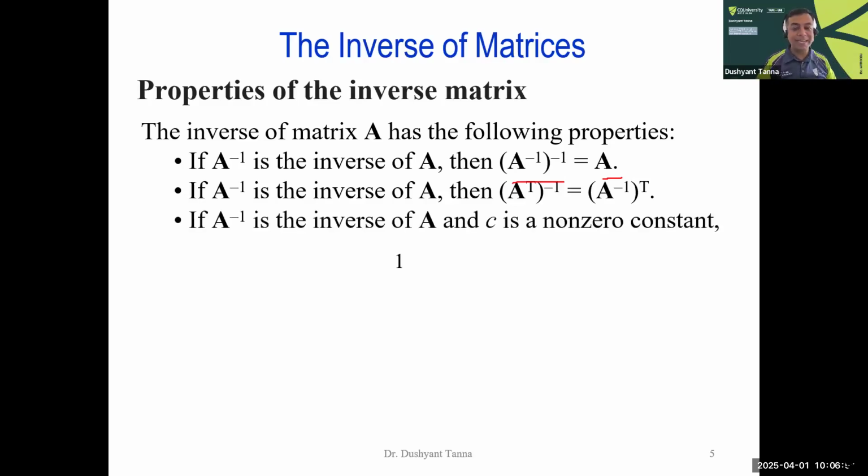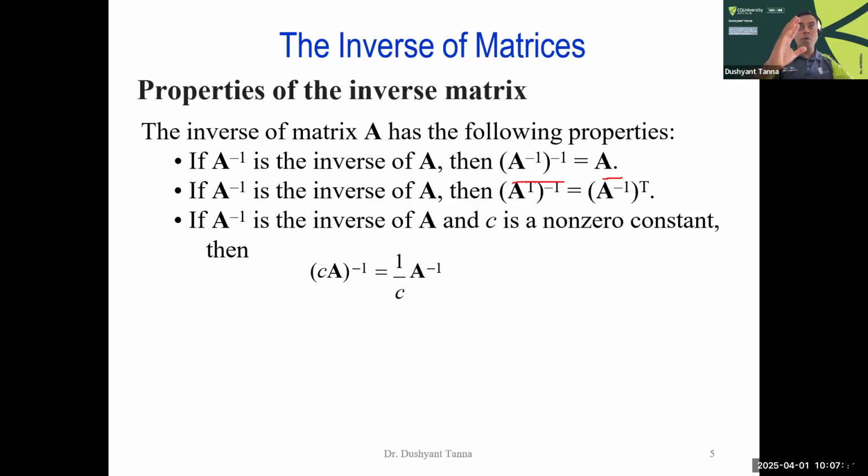Number 3: if you have some non-zero constant C, then the inverse of CA is 1 over C times A inverse. So whenever you have a constant multiplied with A and then you find the inverse, it's the same as 1 over C times A inverse.